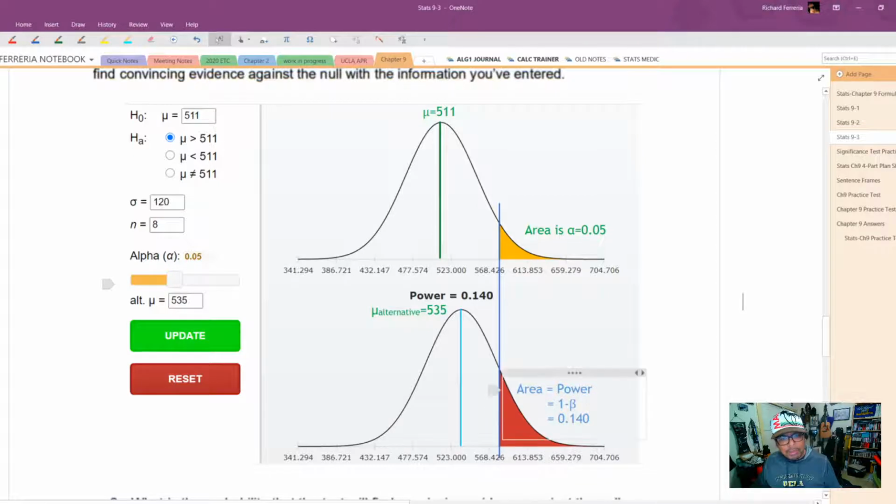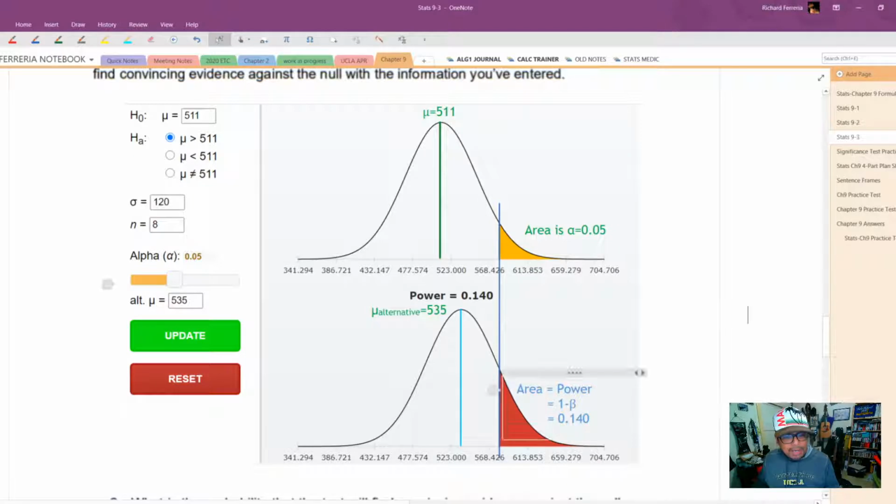Because this area over here in red corresponds to the rejection region in the null hypothesis. They correspond with each other, so they are the same thing interpretation-wise. So power is the probability of rejecting the null hypothesis if the mean was actually 535.